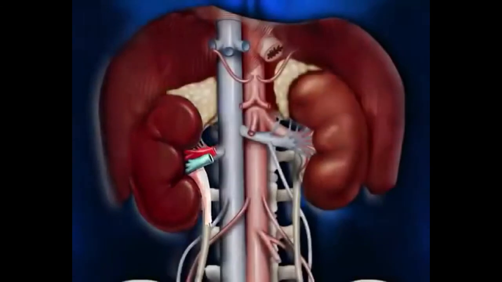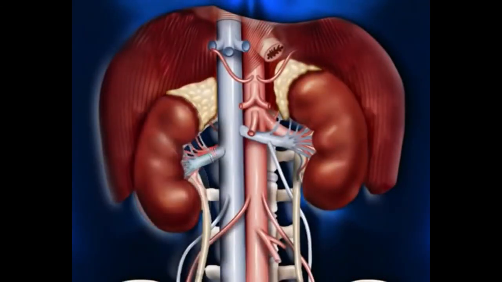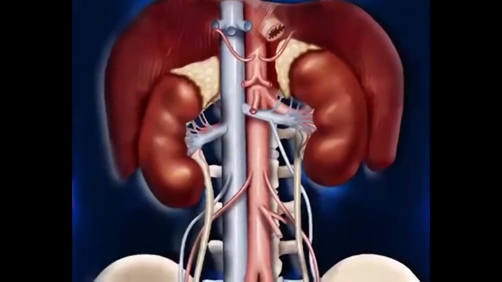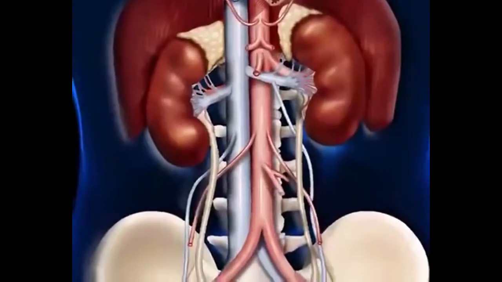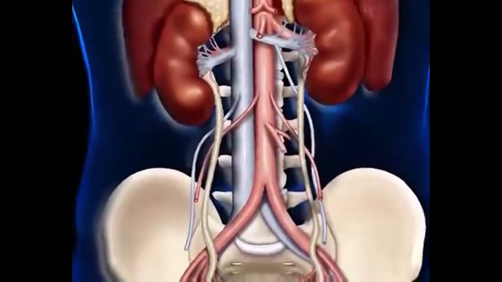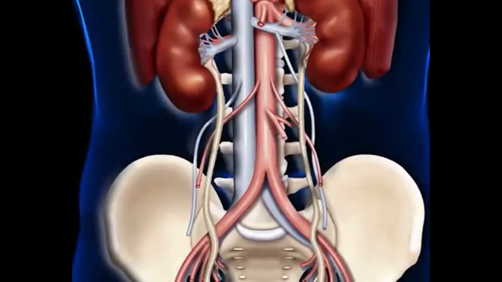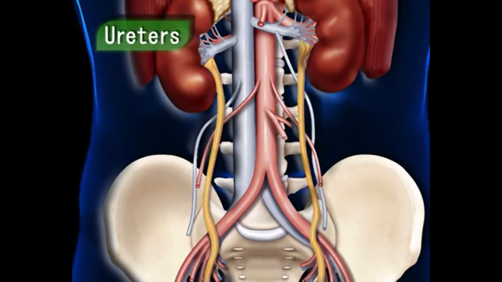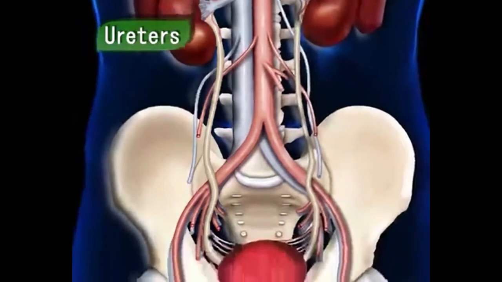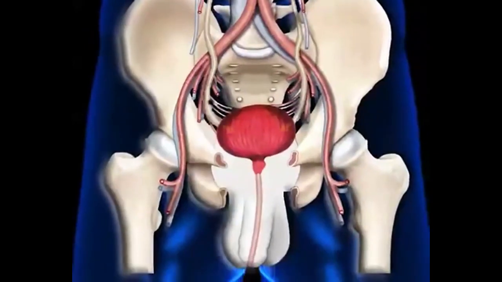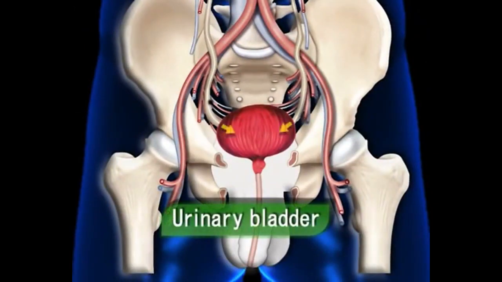Healthy kidneys act like a strong filter to make sure the right amount of wastes and fluids are removed from our body. As each kidney makes urine, the urine slides down through a long tube called the ureter. Ureters from both the kidneys open into a storage sac known as the urinary bladder.